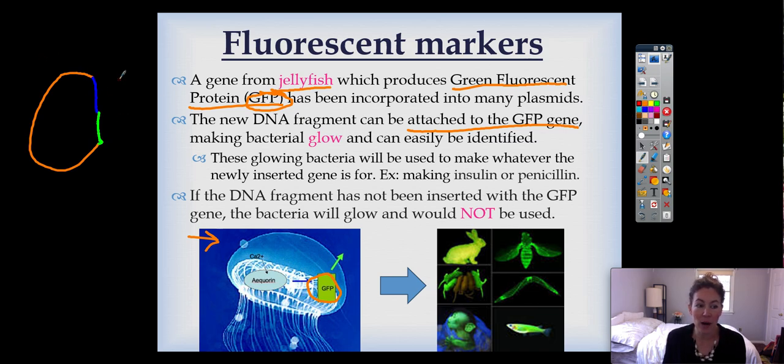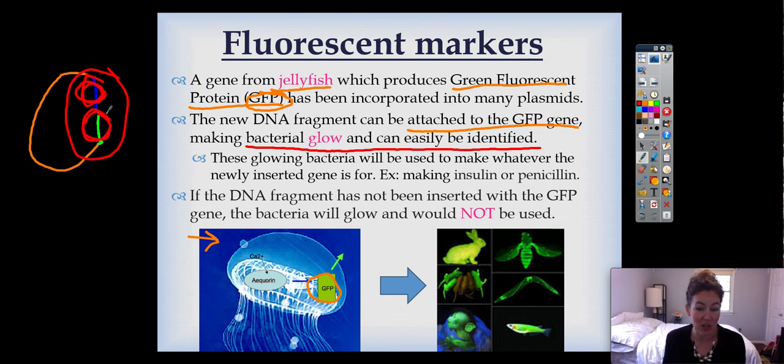So as you can tell, we're actually inserting two genes rather than just one. With this green fluorescent gene, bacteria will glow if they contain that new gene, because we attached the GFP, or green fluorescent protein gene, to it. Super easy way to identify if something has a new gene.